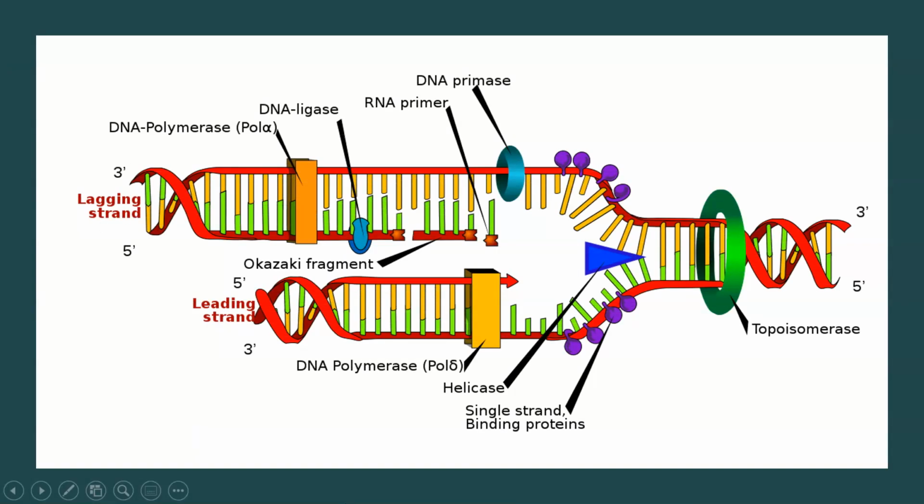So when you look at this diagram again now, it makes a bit more sense. You've got these fragments, you've got ligase coming along, attaching them together. We've got DNA primase there, which has told the DNA polymerase 3 where to start. Whereas, as you can see on the leading strand, it's a bit more simple.